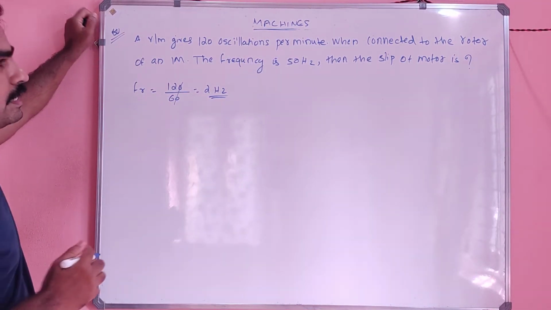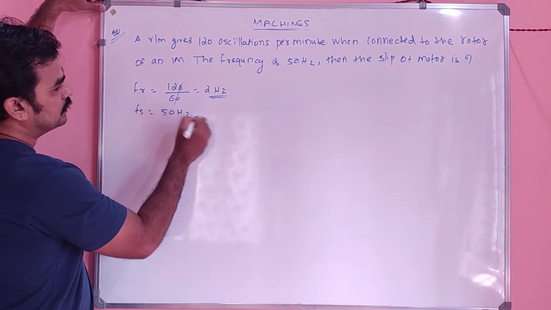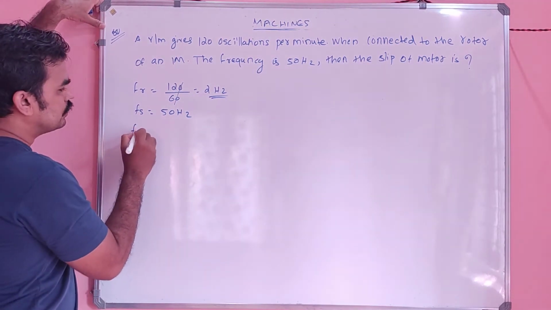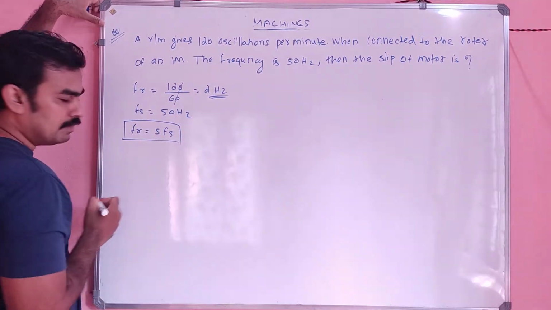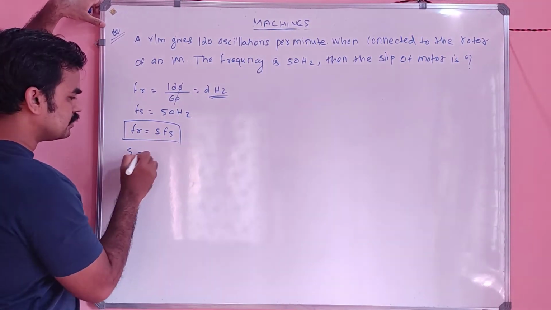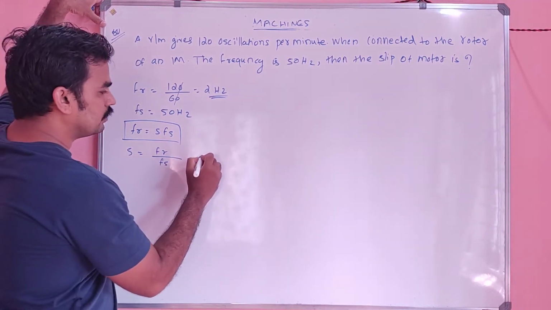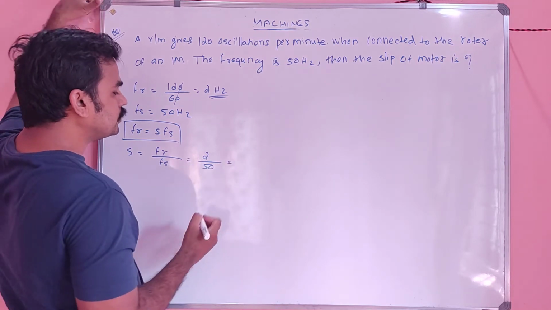The frequency is 50 hertz, that means the supply frequency is 50 hertz, right? Then the slip of the rotor is simple. What is the equation? Fr will be S into Fs, correct? We have the relation, so simply substitute: S is equal to Fr by Fs, which is nothing but 2 by 50.